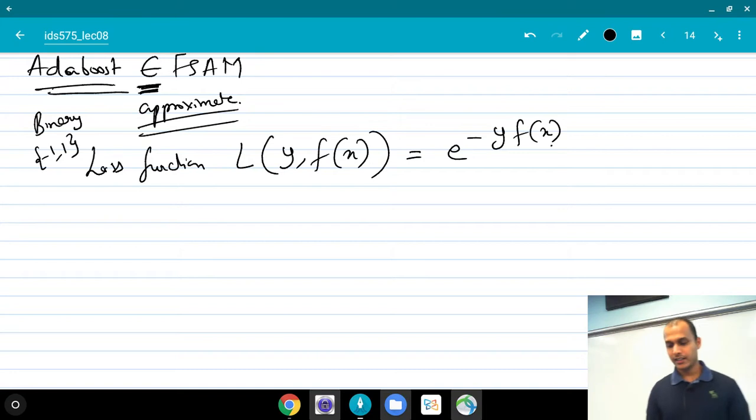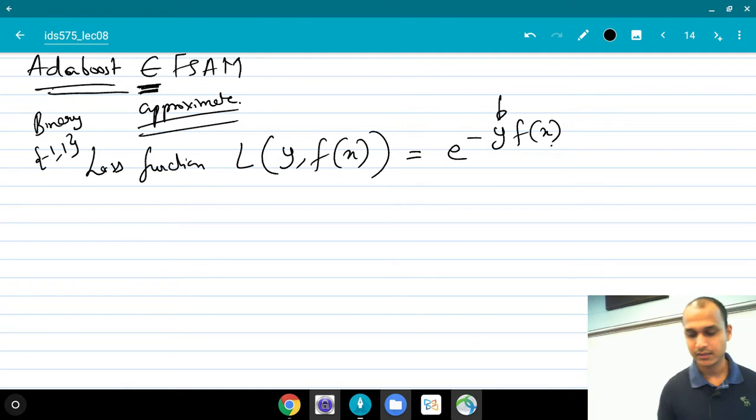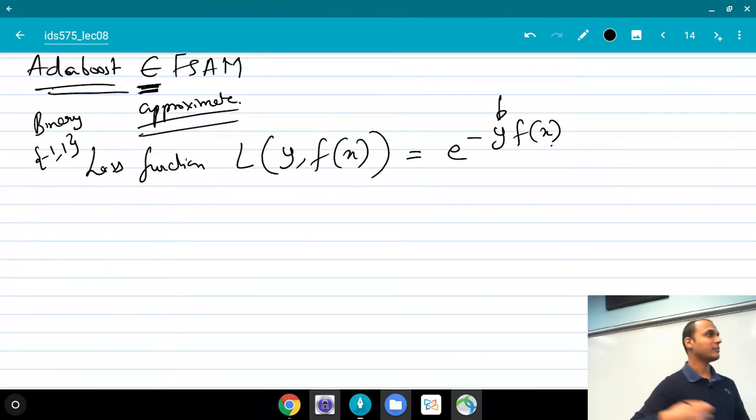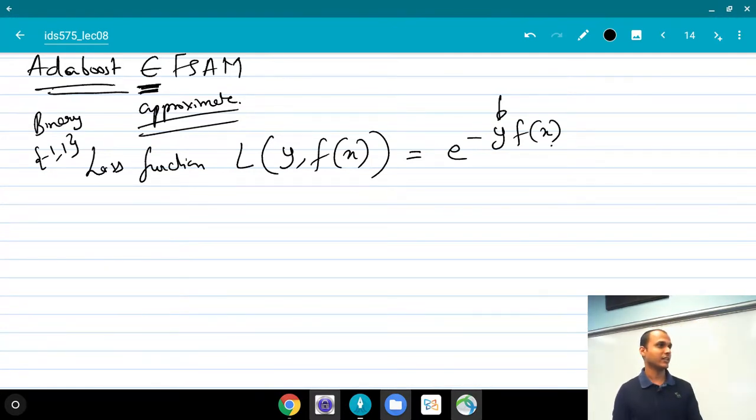Let's evaluate it. If y is 1, then my f of x should ideally have the same sign as y, so hopefully f of x is positive. f of x can be positive, or the sign of a bunch of functions, so it's +1. If they both agree, then it's e to the power minus of two positive things, a small number.